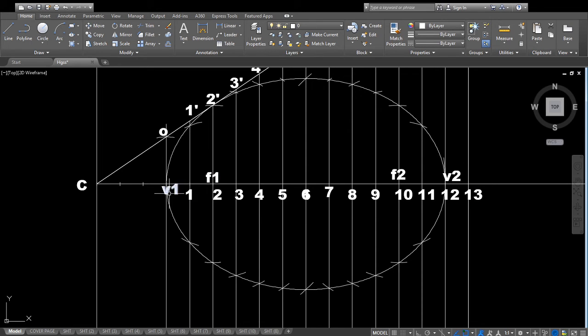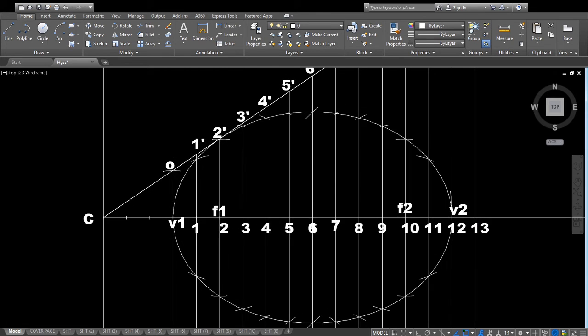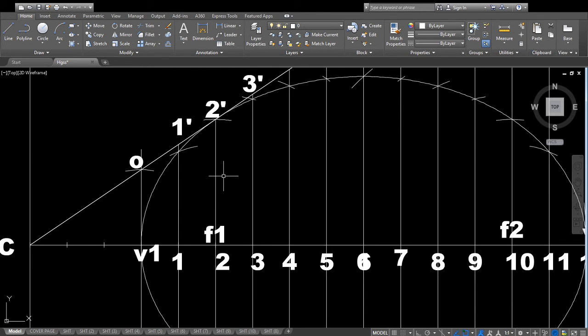We have also V1, V2, vertex 1, vertex 2, which is the beginning of the major axis to the end of the major axis. Now the focal 1 and 2 as well. Now the eccentricity said that the distance of a point from the focal over the distance of that same point to the directrix.